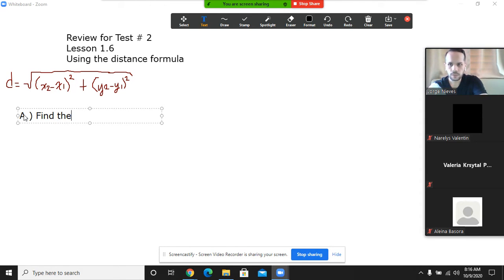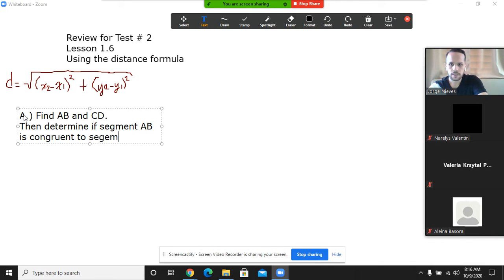Find AB and CD, and then determine if segment AB is congruent to segment CD. So that's what we basically will do.